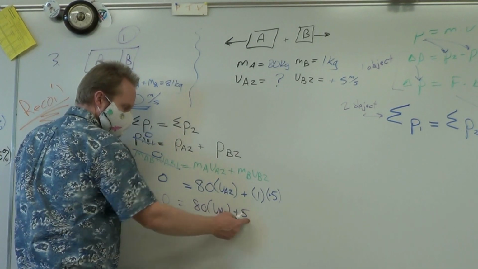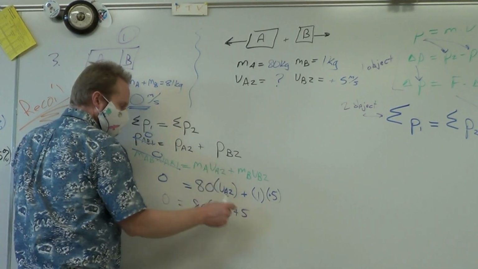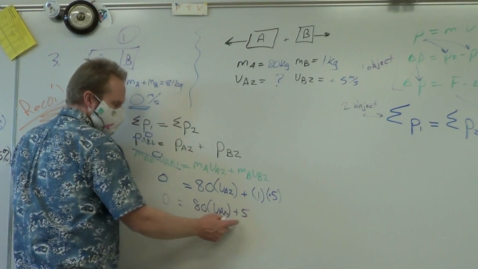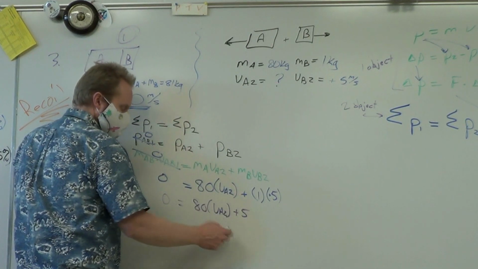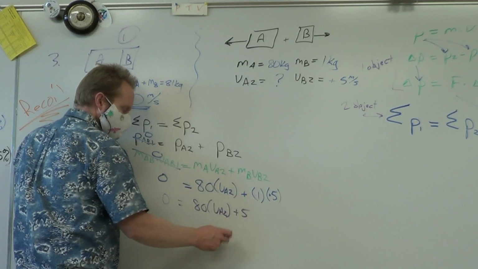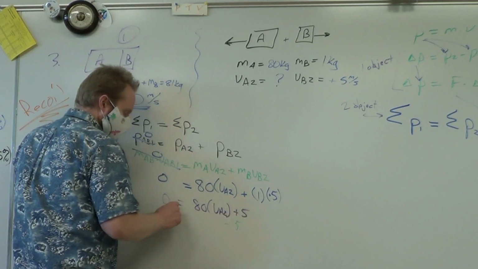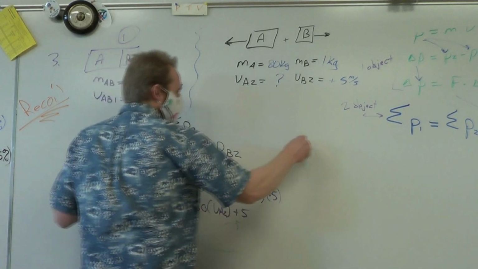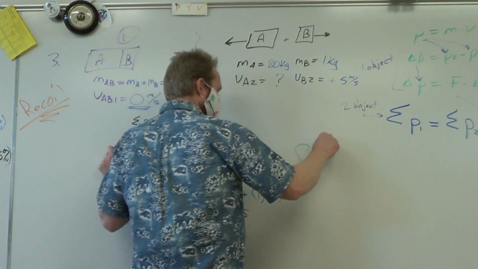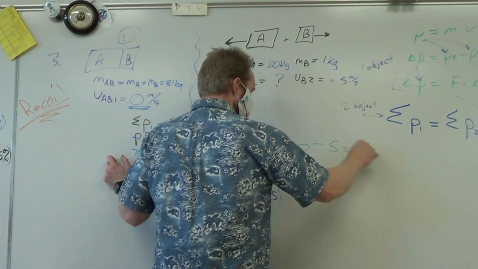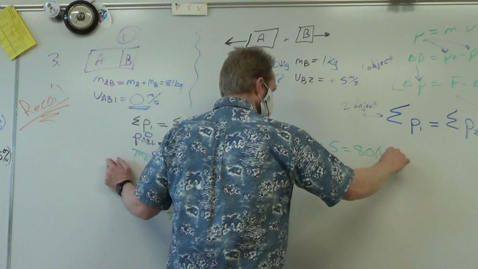Cannot combine unlike terms. So I can't say 85 because this is a VA and this one doesn't have one. So I have to subtract 5 from both sides. And I end up with negative 5 equal to 80 VA2.